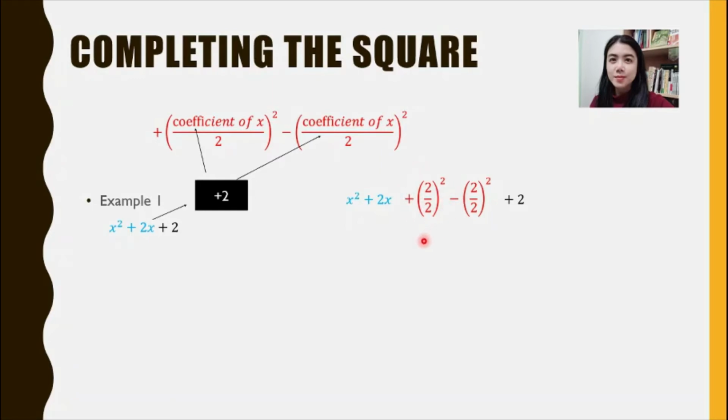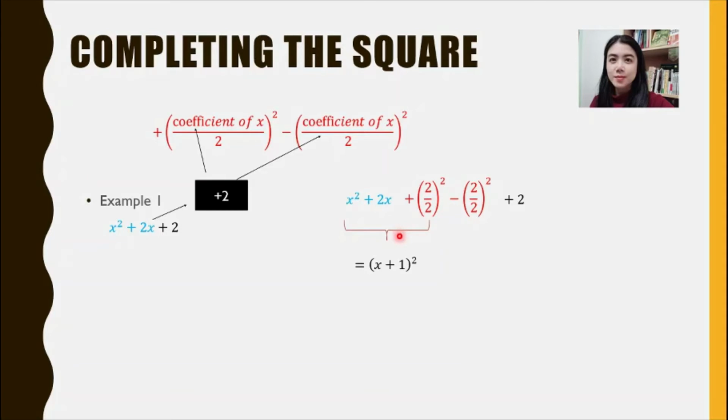The next thing is we're going to do the completing the square here. First, take the x from the x squared, so we have x. Then you look at the number: 2 over 2, which gives you 1.